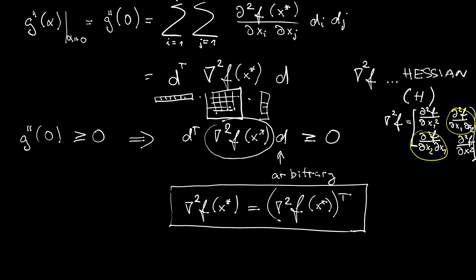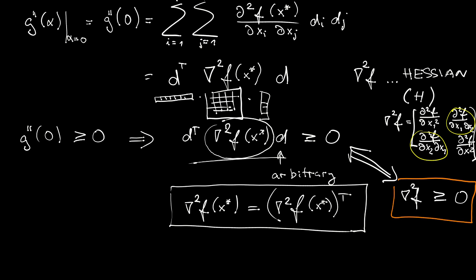Back to the analysis of non-negativeness of this function. It's well known that for these symmetric generating matrices, the non-negativity condition is satisfied if and only if all the eigenvalues of the Hessian matrix are non-negative, which we write in this notation. So it certainly can't be interpreted as non-negativity of every component here.